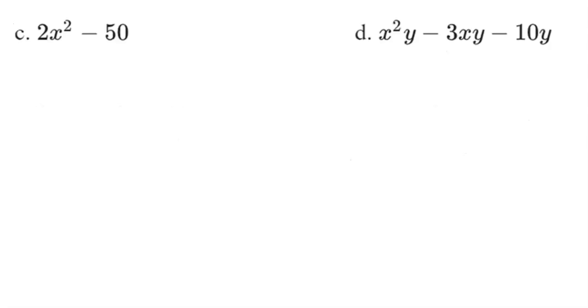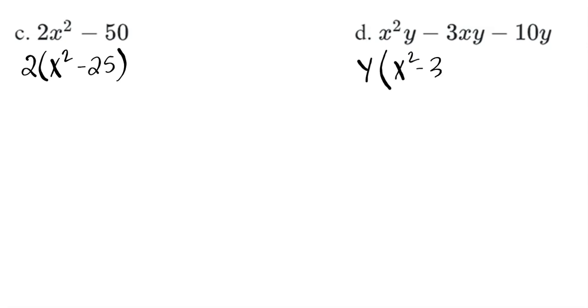And then let's look at these. We can take a 2 out of this, so we then say 2 times, that is x squared minus 2 times 25 is 50. And then here, we see we can pull out a y. So if we take out the y, we get x squared minus 3x minus 10 by undoing that.